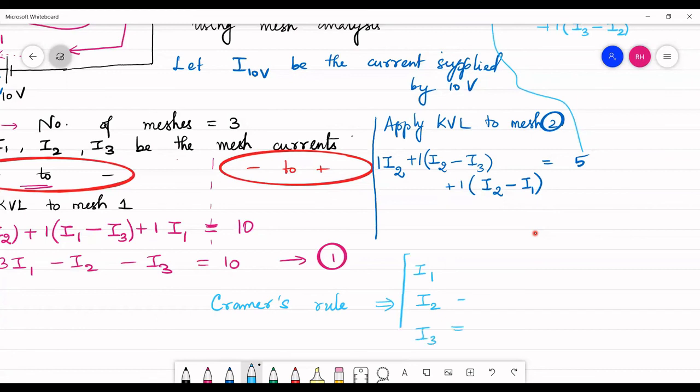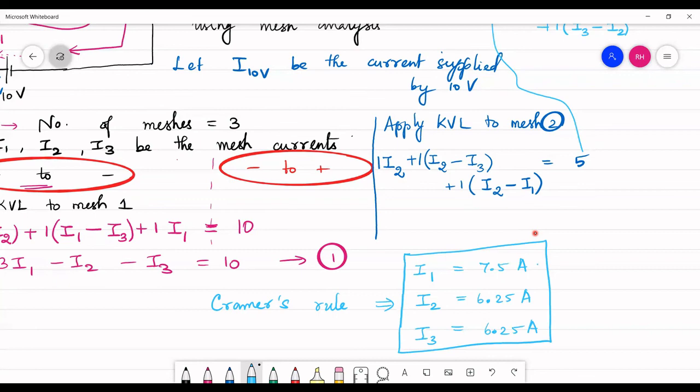So solving, we get I1 is equal to 7.5 ampere, I2 is equal to 6.25 ampere, and I3 is equal to 6.25 ampere. So we have the values of the mesh currents.